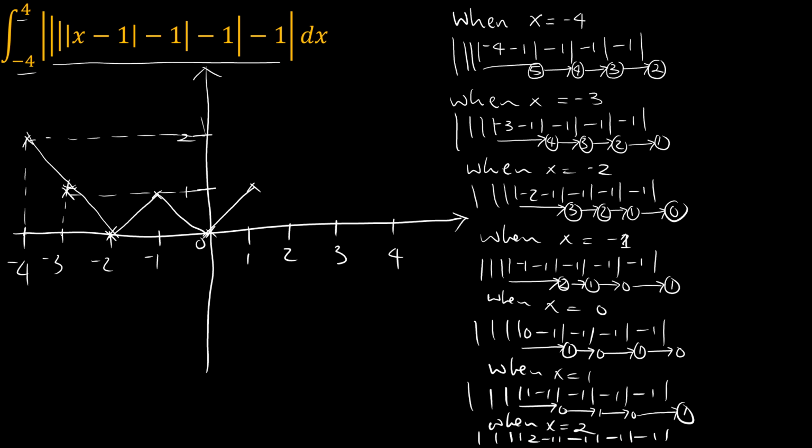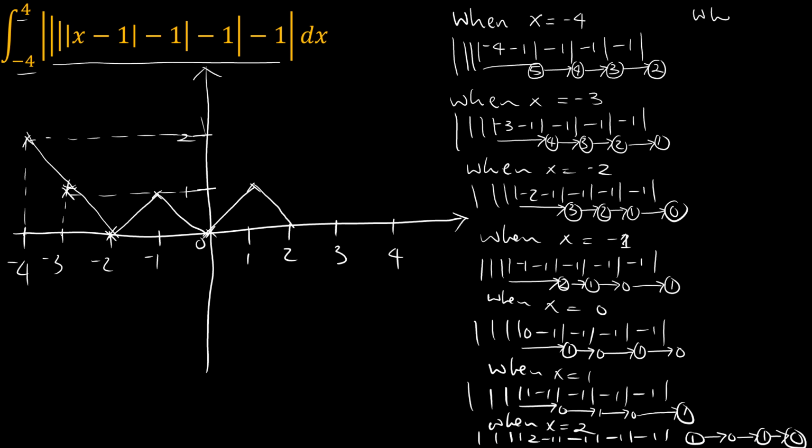We'll see we're going to begin from 1, which goes to 0 afterwards, and then it goes to 1 afterwards, and then to 0. Okay, so this is 0.